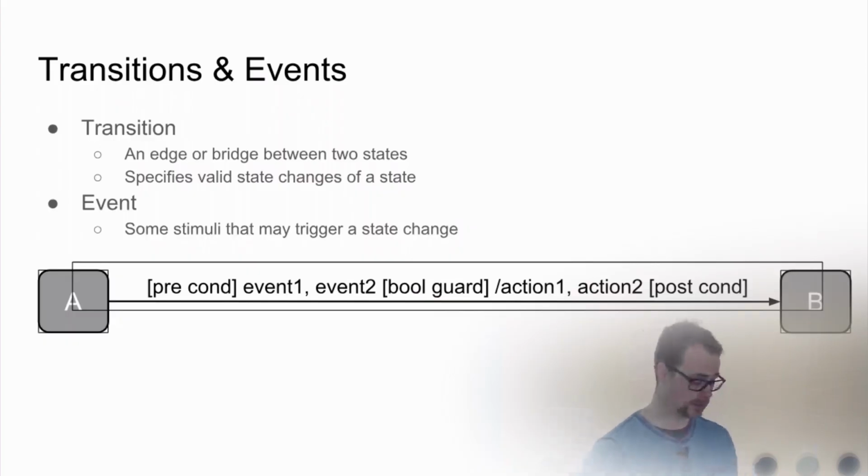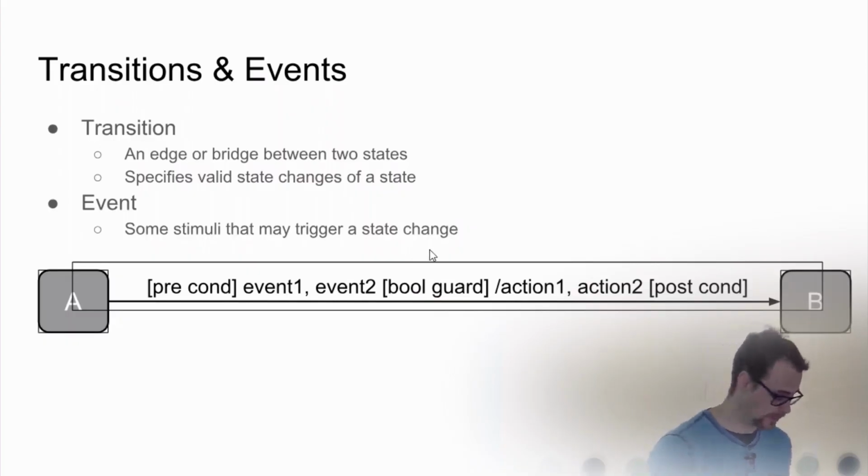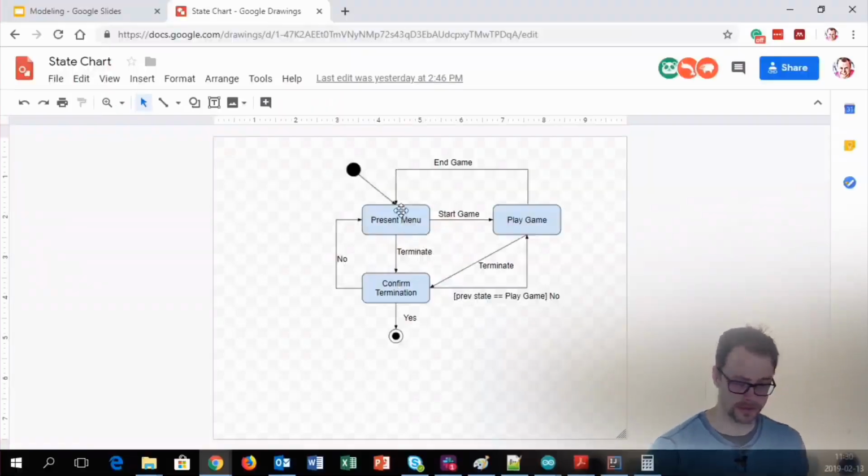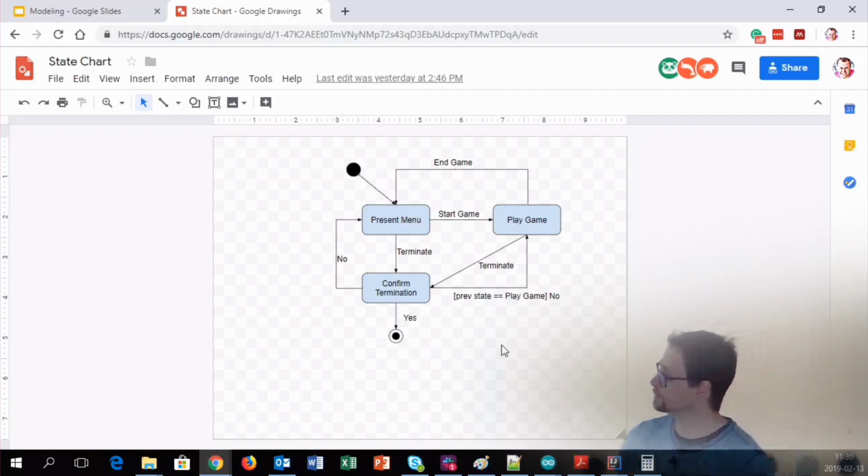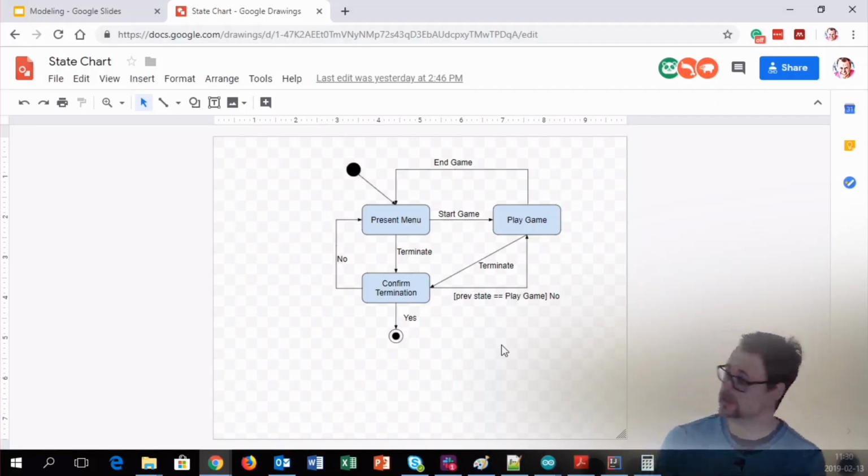So looking at, for example, this little state machine, we actually have the same event from confirm termination. We have the event no there, and we have this guard condition to let the machine know which it should take.